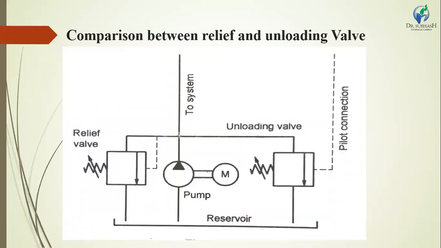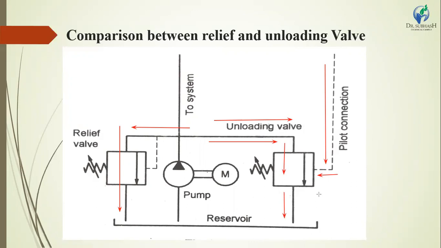This pressure relief valve is connected in a parallel connection to the main hydraulic system, and it releases the pressure to the hydraulic tank. Most of the time the pressure relief valve is in a closed condition. Here the unloading valve is also attached in a parallel condition, but one connection is given as a pilot connection to the unloading valve, which will maintain the pressure limit in an idle condition, and excess fluid from the pump can pass through the unloading valve and return to the tank.